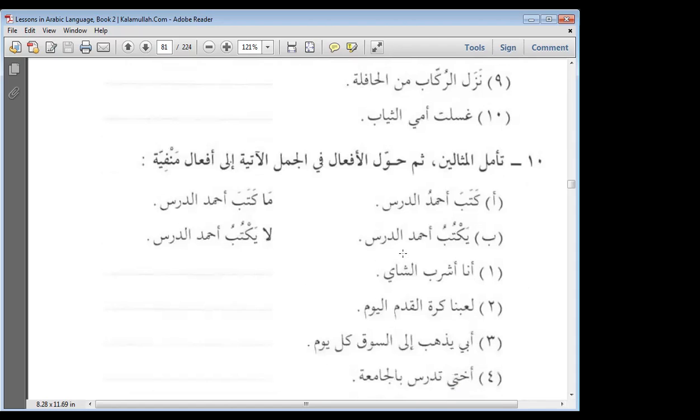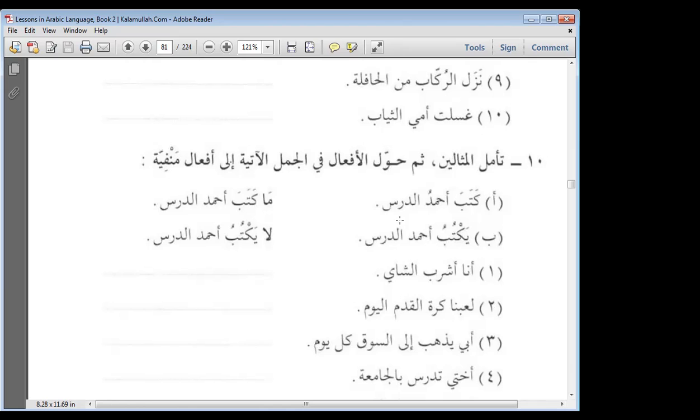Then we looked at how we negate the present tense verb. Recall a few lessons ago, we negated the past tense verb by using the particle ma. So we have kataba, he wrote, ma kataba, he did not write. Allah subhanahu wa ta'ala says, wa ma khalaqtu, I did not create. Ma khalaqtu, I did not create jinn and mankind except for His worship.